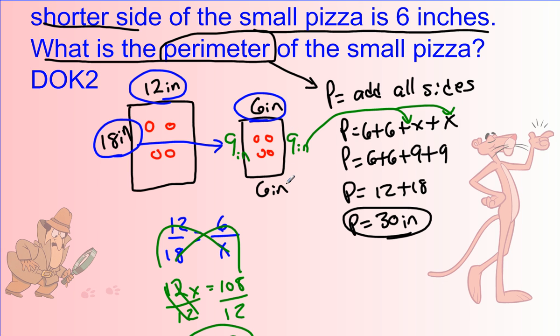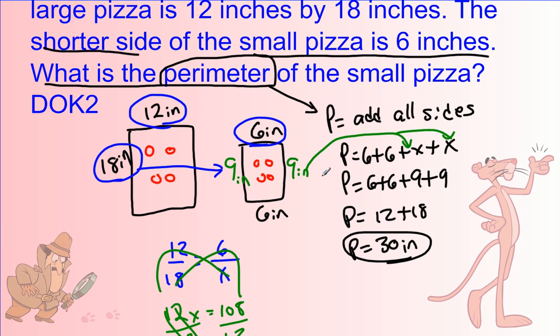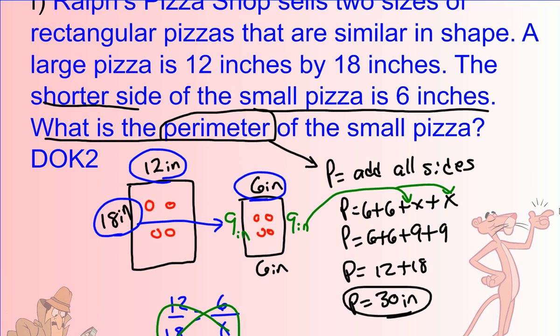So my goal was, if I can find the long side of the pizza, I can then find the perimeter. I knew that the two rectangles were similar, so I used a proportion. I cross-multiplied and found the side of the pizza is 9. Therefore, I plug it back into the formula, and 6 plus 6 plus 9 plus 9 gives me 30 inches. That is my perimeter.